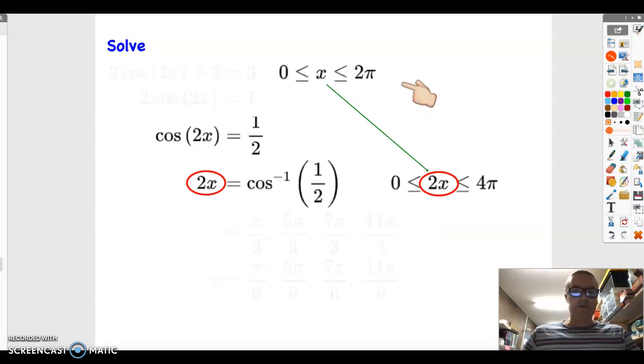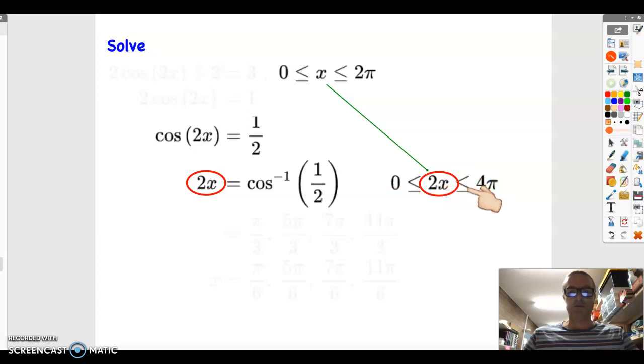Originally in the question we're looking for solutions for x, and x is in between 0 and 2 pi. So I find it handy, when we're solving first for 2x, to multiply each part of this inequality by 2.